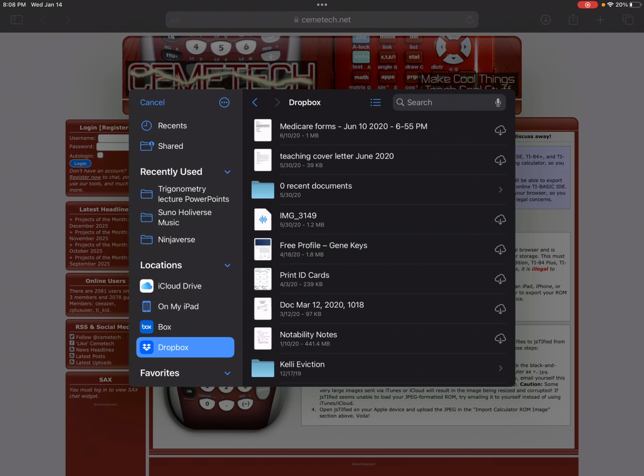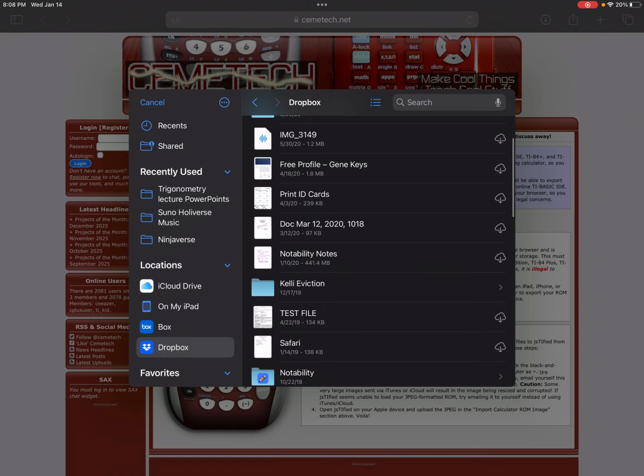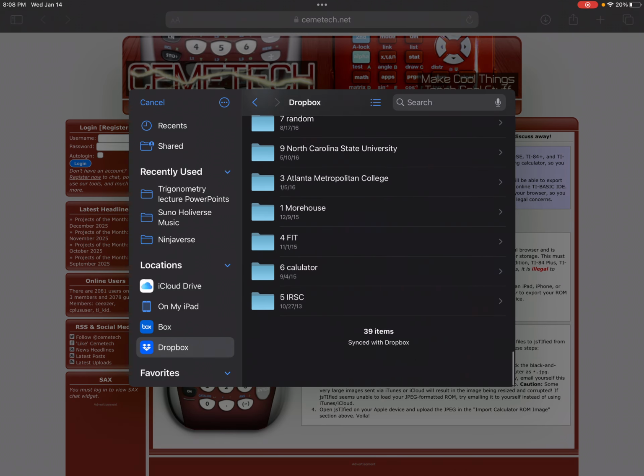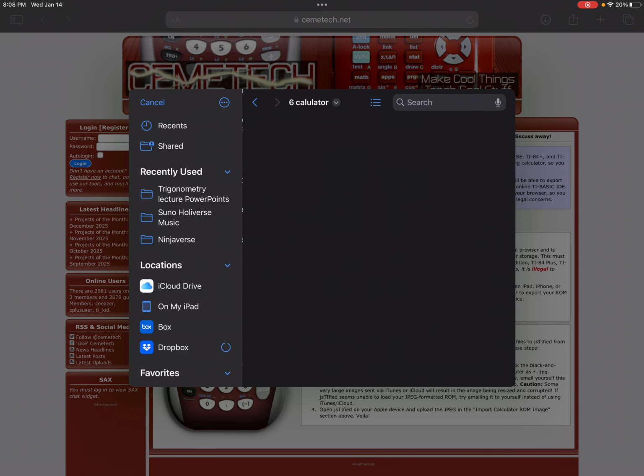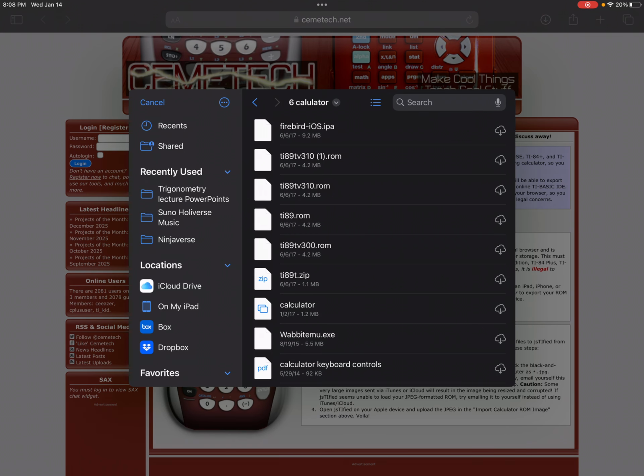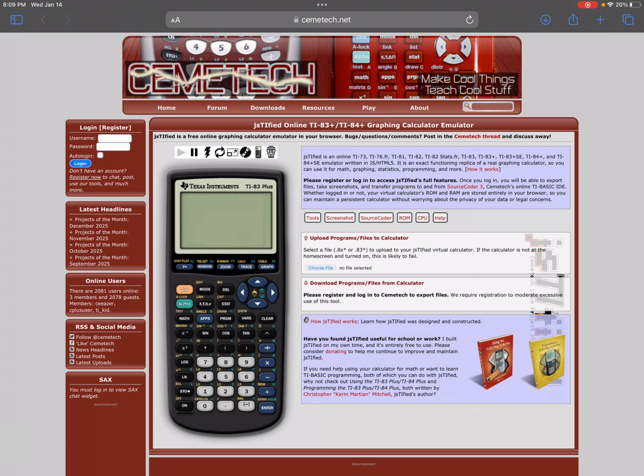There it is. I saw it at the bottom right there. There it is, this one. Cool.